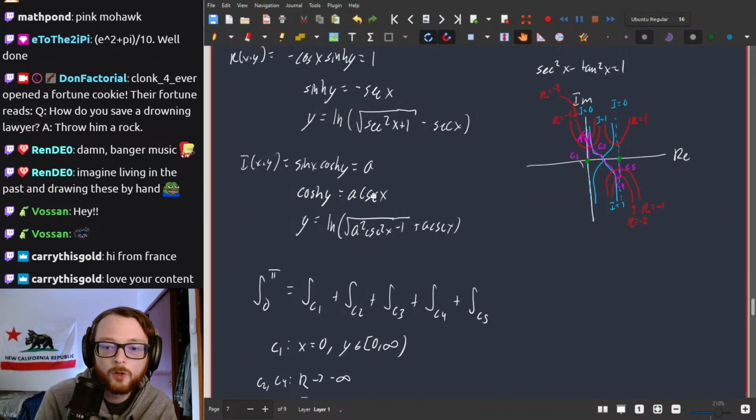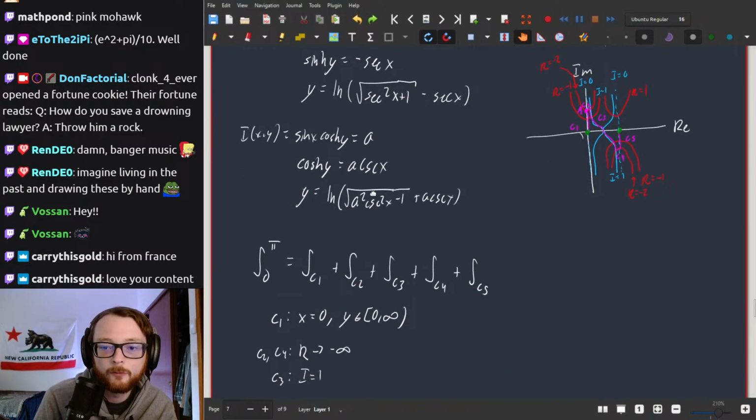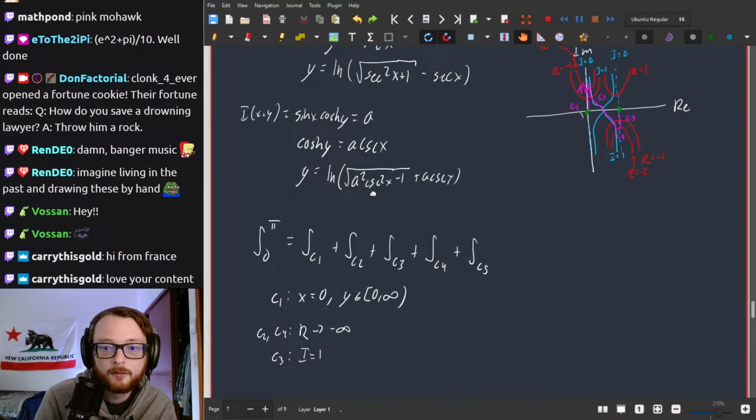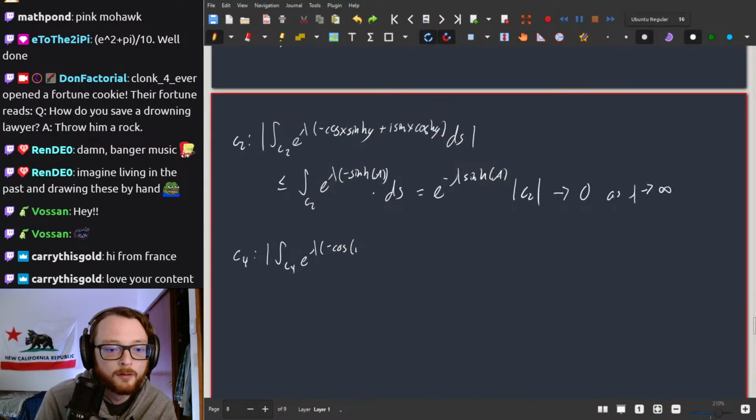On C4, this is a convenient point to find because x equals pi. And y is negative a. And then the imaginary part is whatever it wants to be.